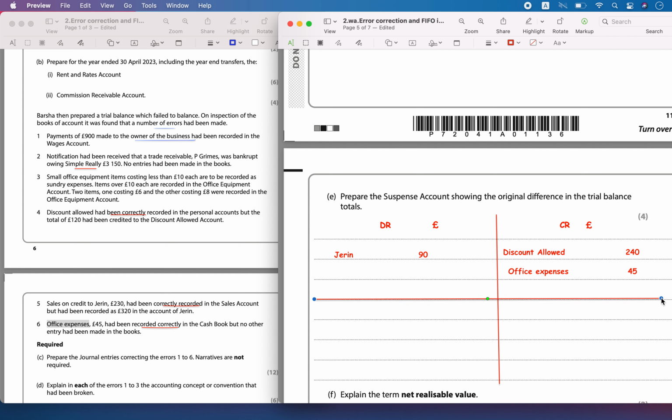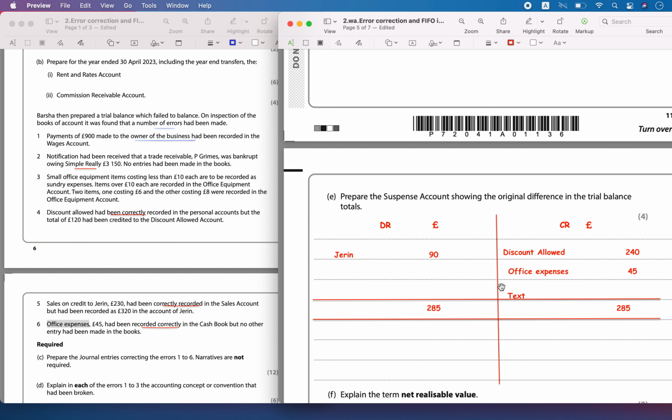Then we have to see what was the difference in the original trial balance, and that has to be included here. So 240 plus 45, that's 285, and minus 90.